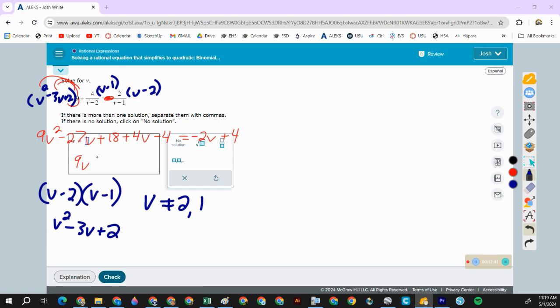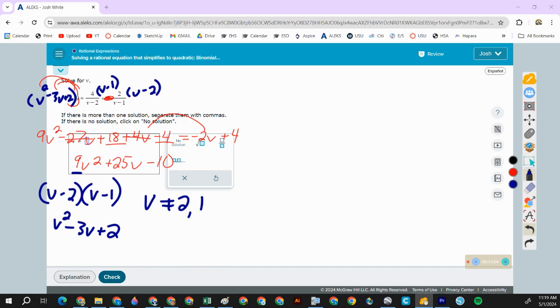So 9v squared, negative 27 plus 4 is negative 23. And we're going to add the 2, so plus 25v. 18 minus 4 is 14, and then we're going to subtract 4 again, minus 10.